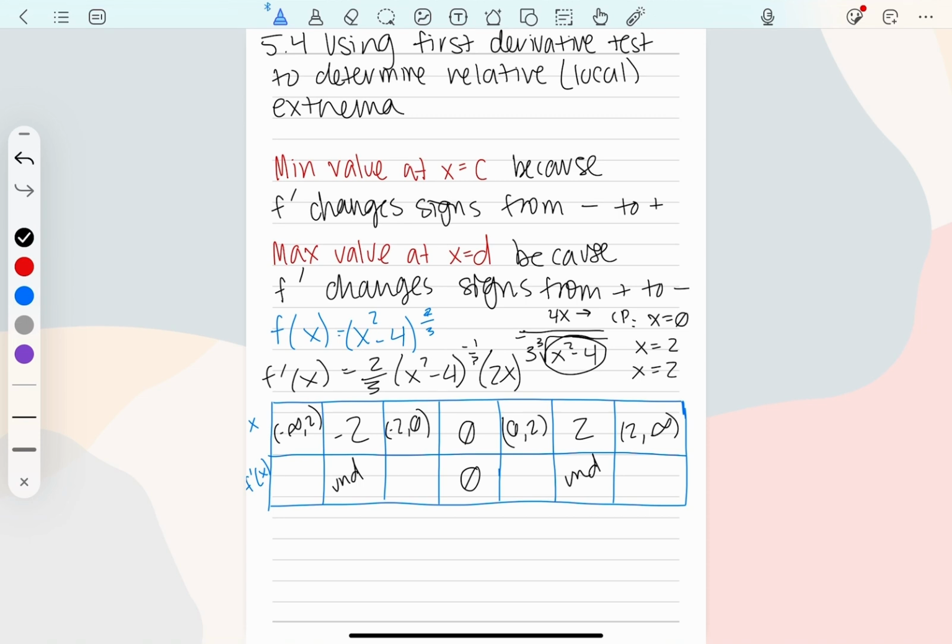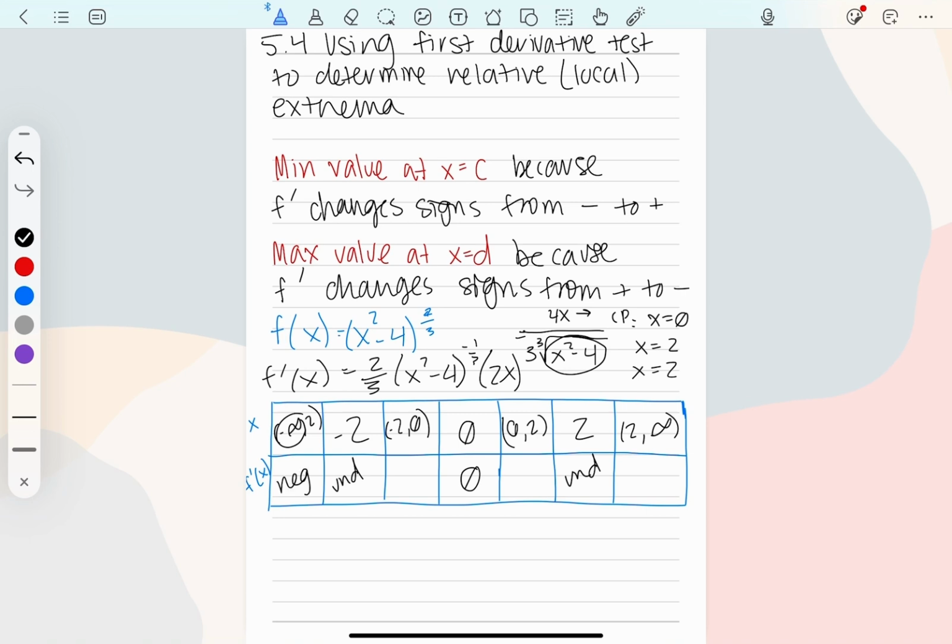And here we're just going to look at if we plug this into our equation to see if our sign would be negative or positive. So here, if we plug this negative back in, it's a negative over positive, so that would give us a negative.